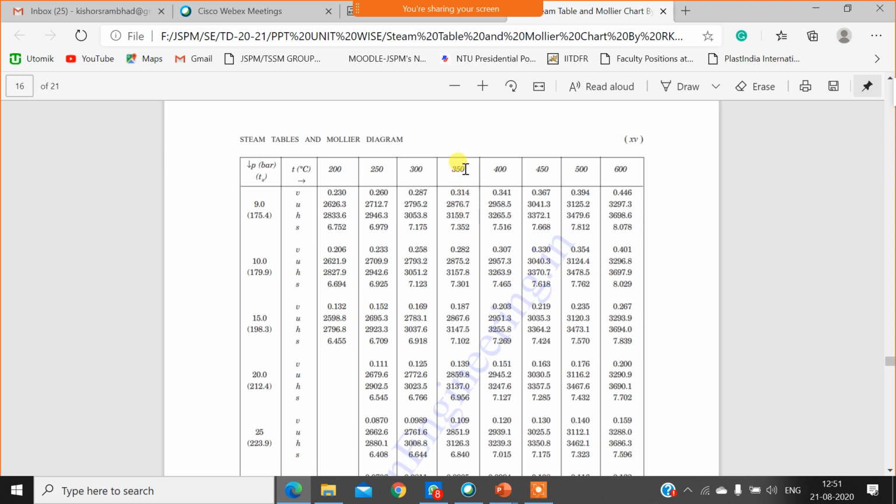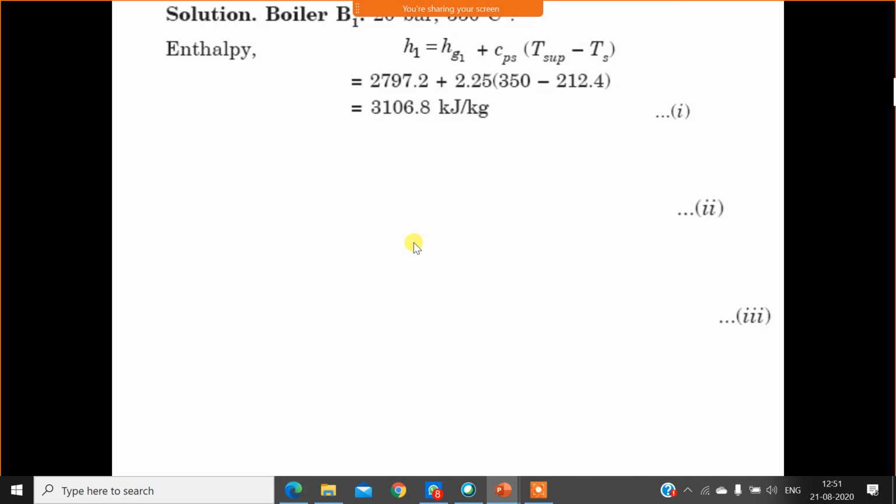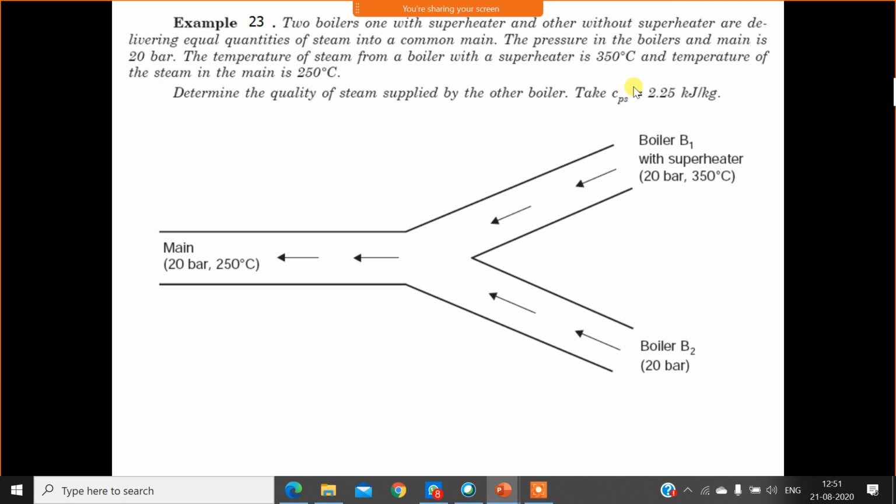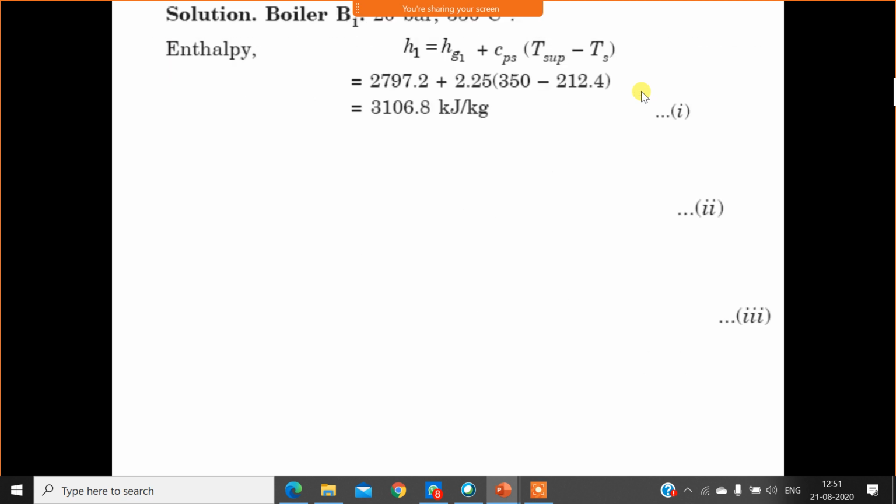Okay, at 350 it is directly given. But here we have calculated using the formula. Whenever the specific heat of superheated steam is given, we calculate using the formula. We are getting the same value.